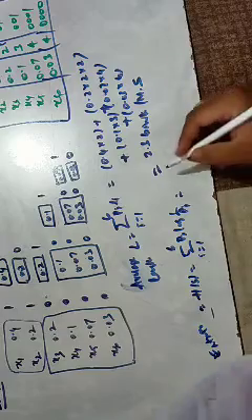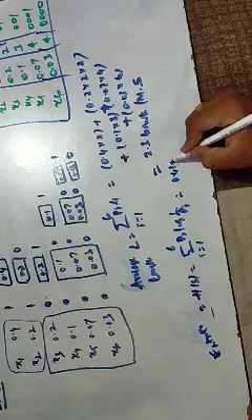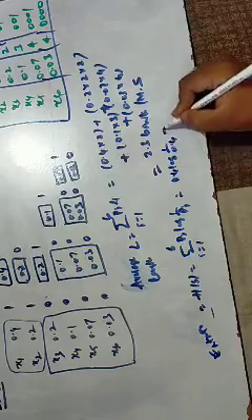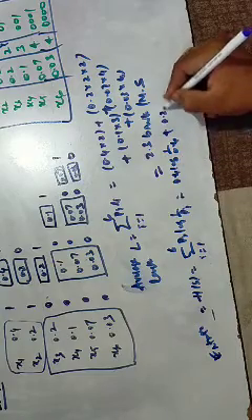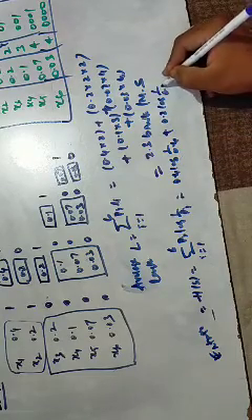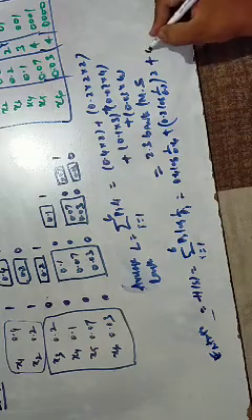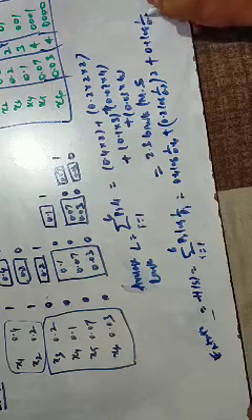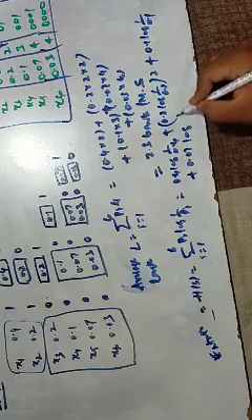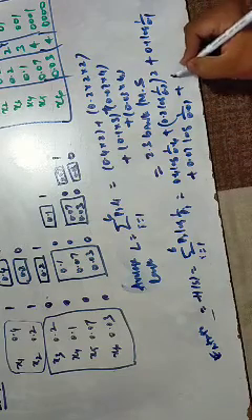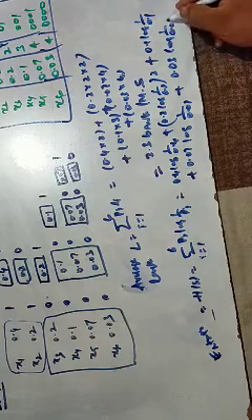That is 0.4 log 1 upon 0.4 plus 0.2 log 1 upon 0.2 into 2 plus 0.1 log 1 upon 0.1 plus 0.07 log 1 upon 0.07 plus 0.03 log 1 upon 0.03.